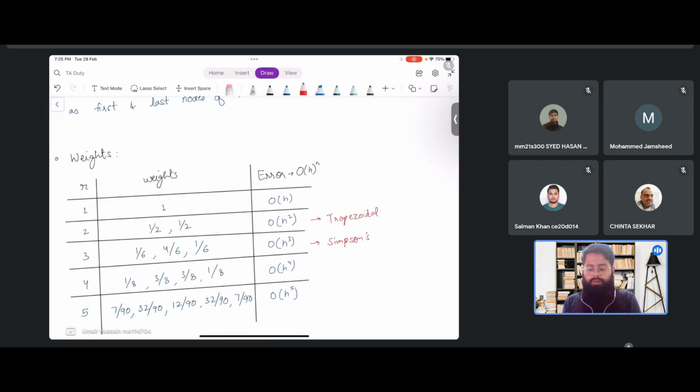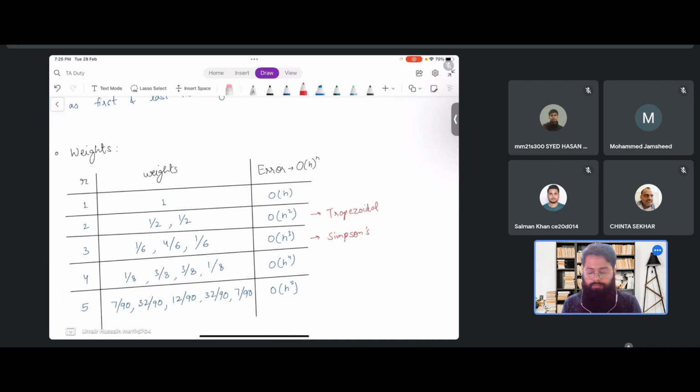So this is the table for the weights for each value of r, the number of points we are taking.